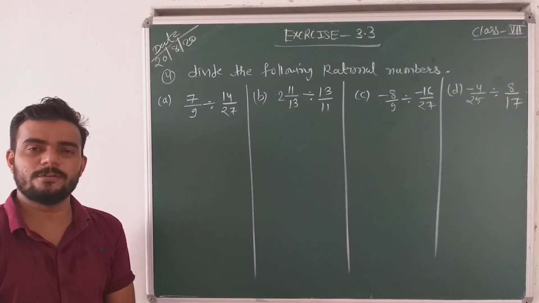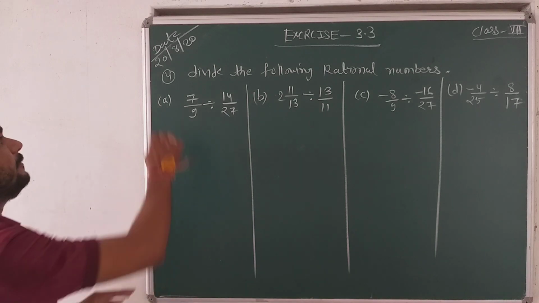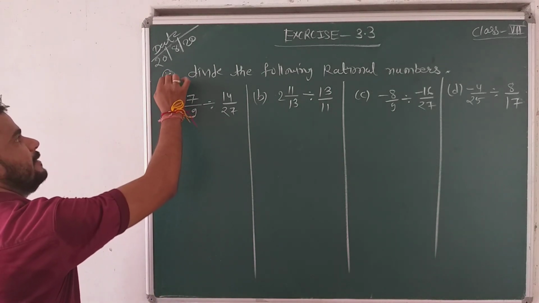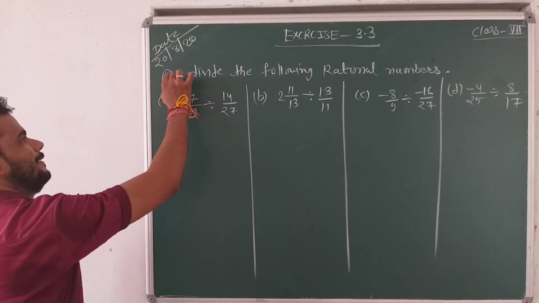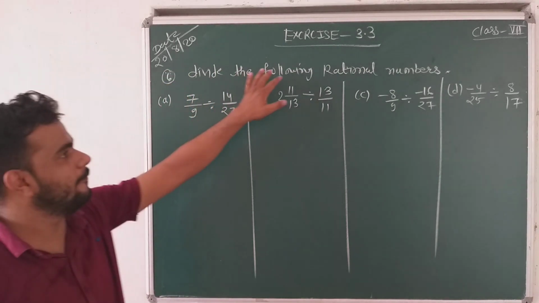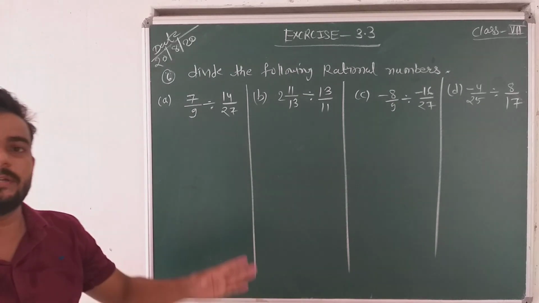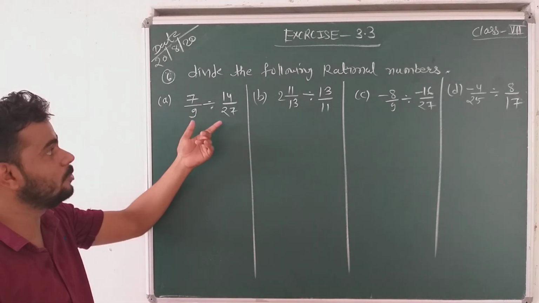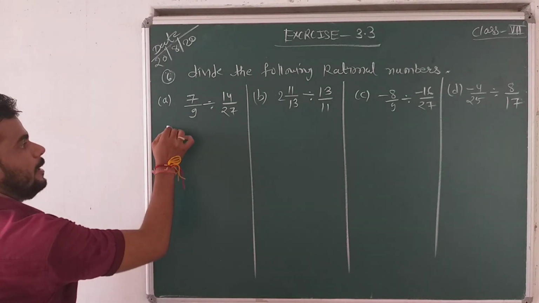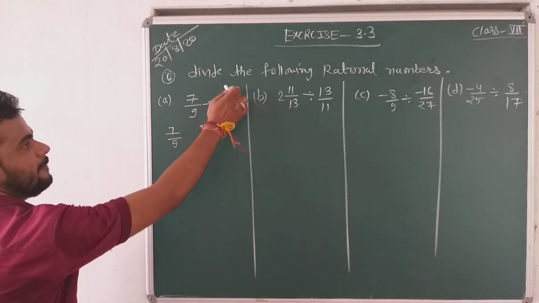Okay, so the next, sixth one. Divide the following rational numbers. You already noted the rules of division. So first, 7 by 9 divided by 14 by 27.